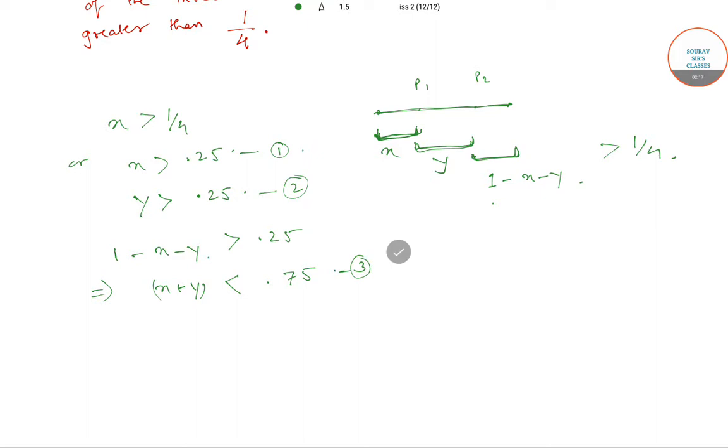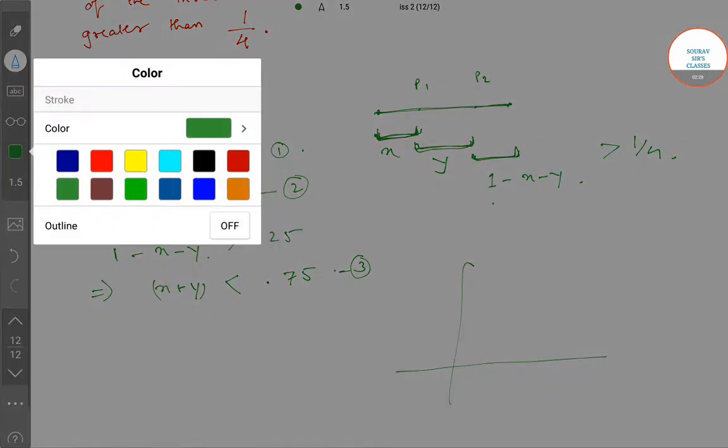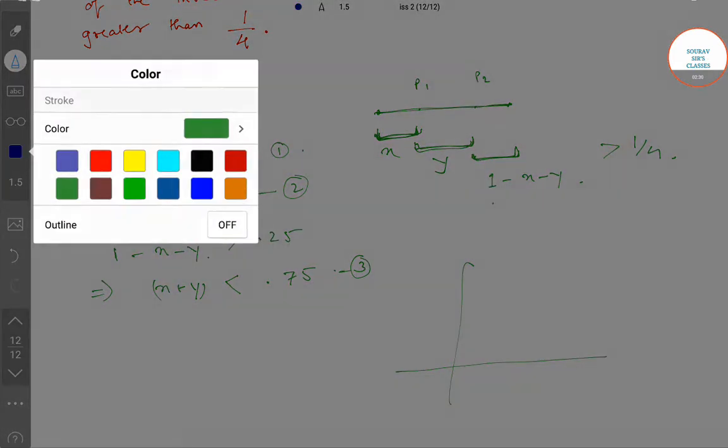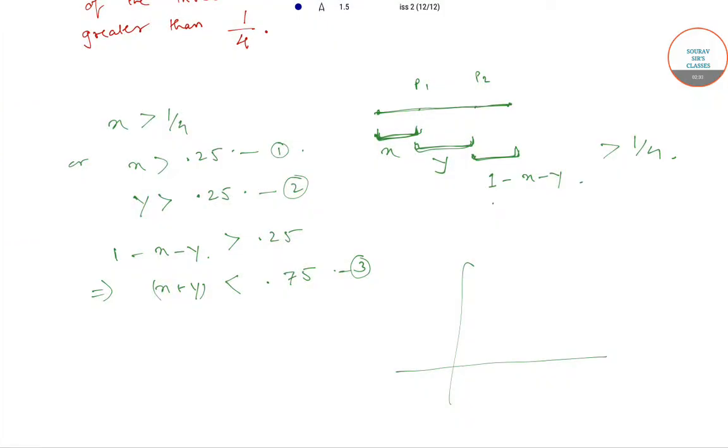Now what we are going to do is have a graphical representation of these 3 equations. Let me change the color. So here, suppose this is the x-axis and this is the y-axis. Here it's 0.5, 1.